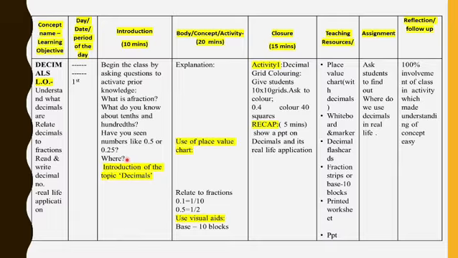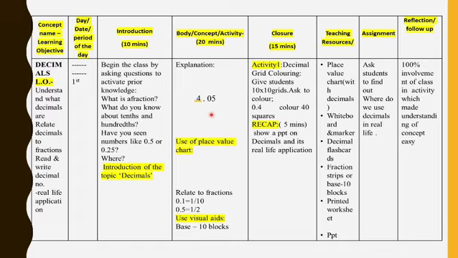Then you may go to the body and concept of the topic, and that is the explanation part, where you can write one decimal number and explain what a decimal is.